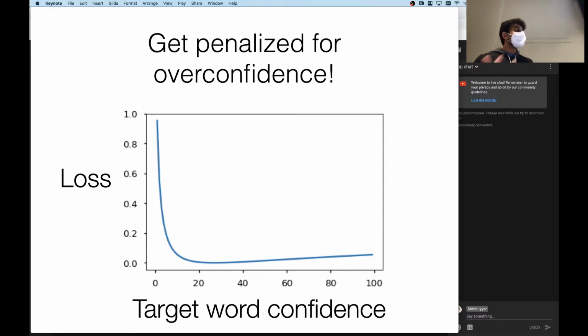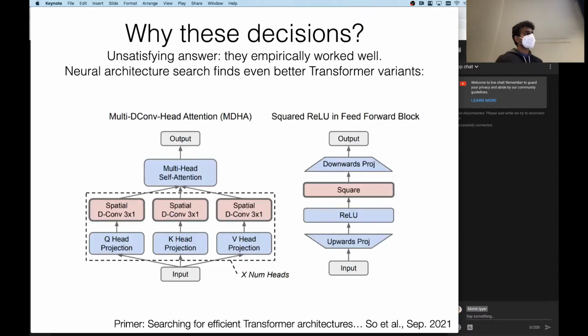And in this case, you benefit a lot from not being as confident, because your prediction is wrong in general. So the plot is not saying that we stole 80% of the probability mass. This is just with a fixed value like 10% or something, this is what the loss curve looks like.